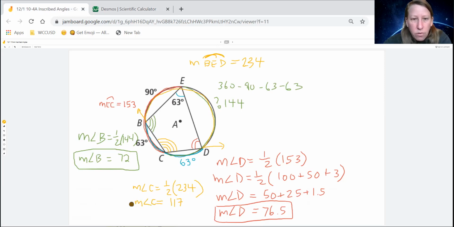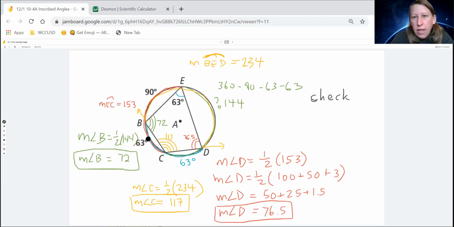I know something is wrong, so let's see if I can find my mistake. So this is 117. This we said was 72. This we said was 76.5. Now I know I'm wrong because I have a 0.5 here, and I also know that the angles inside a quadrilateral are supposed to add up to 180. So something is wrong. I'm going to check it.